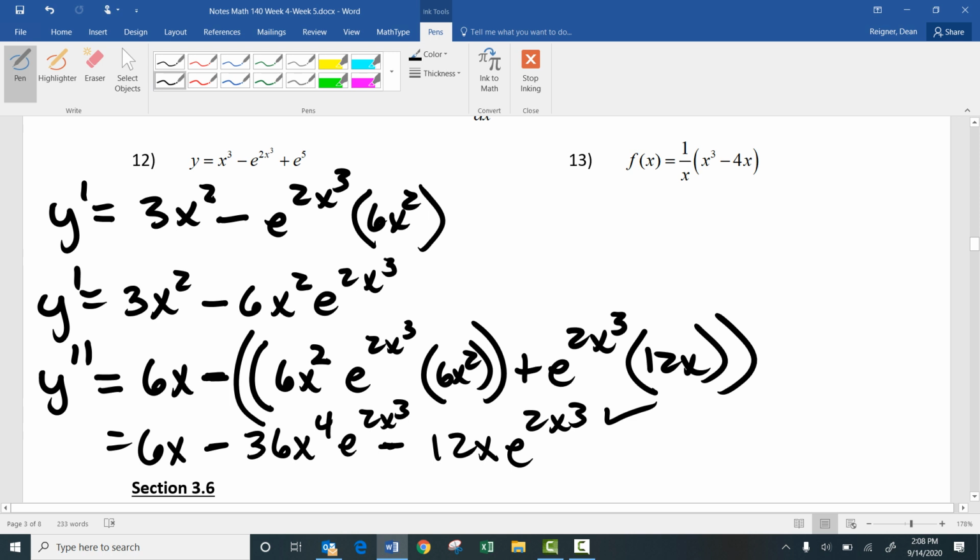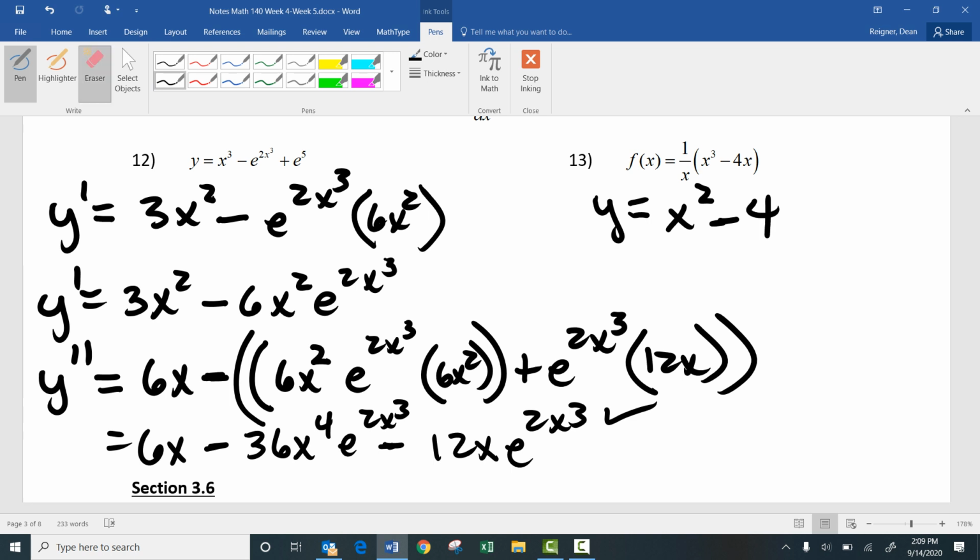Okay? So the last one we're going to do, I would argue, would be a little easier if you multiplied everything out first. So that's what you're going to do first, multiply everything out. So 1 over x times x cubed is x squared, minus 4x times 1 over x is 4.